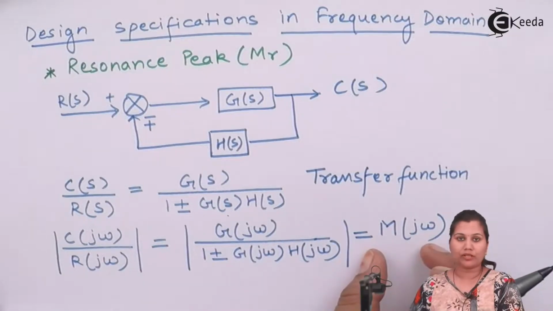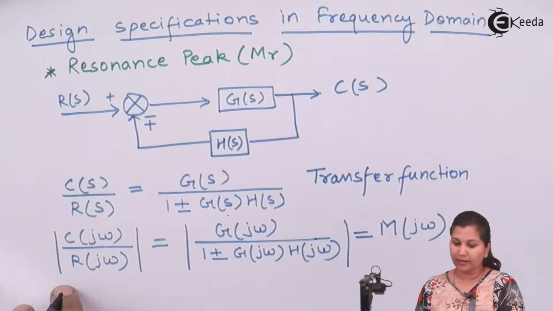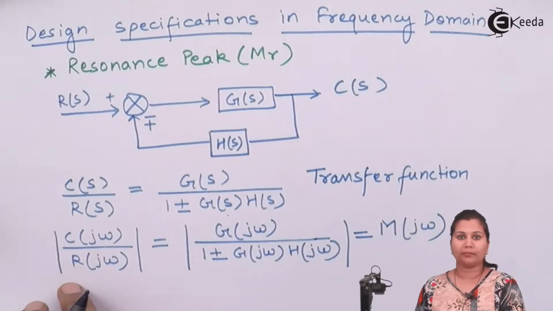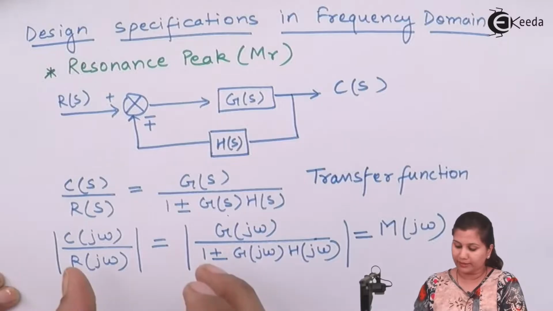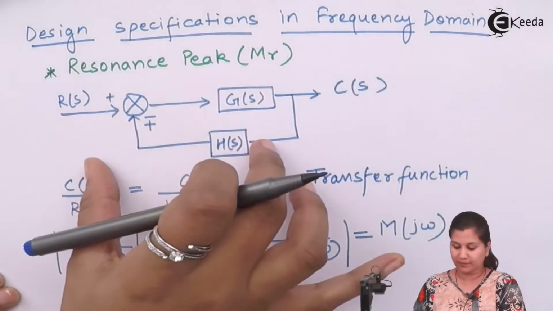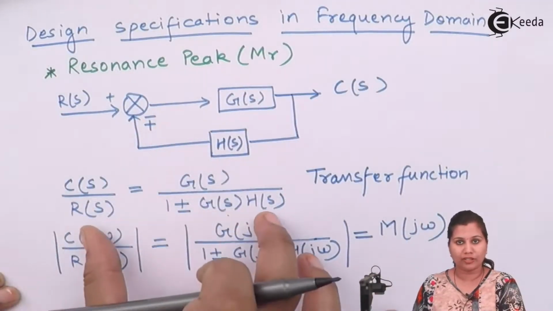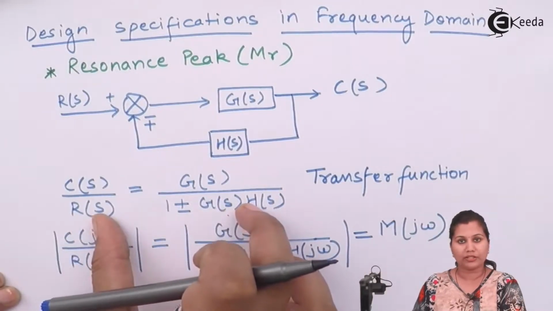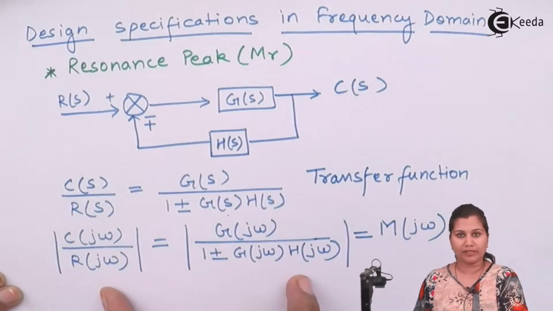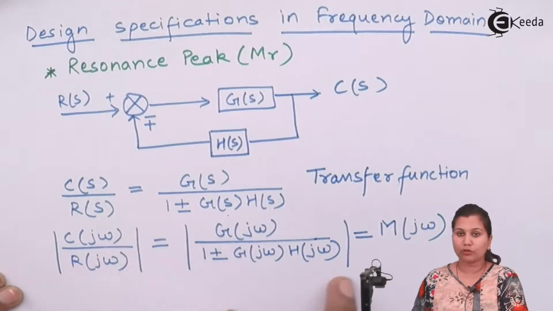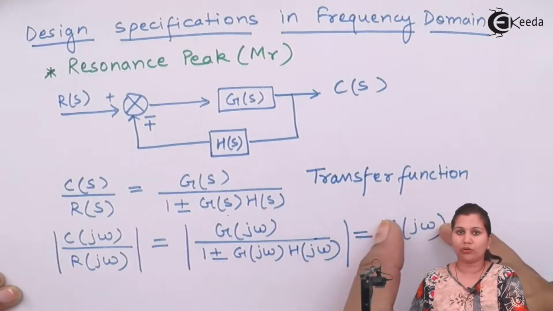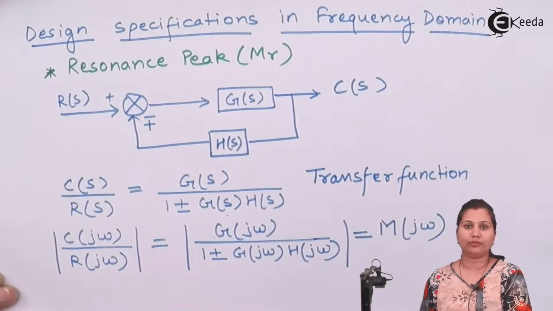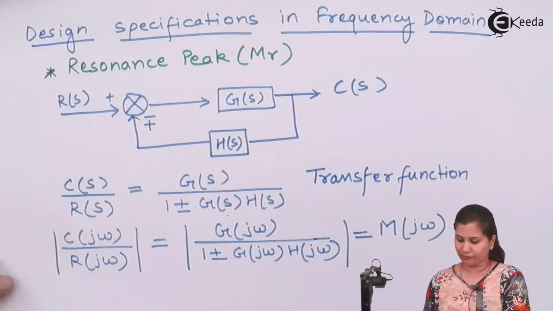This M(jω) is called the closed loop frequency response, because we have written the transfer function of a closed loop system and then converted it into the frequency domain. So this has become the closed loop frequency response of the system.